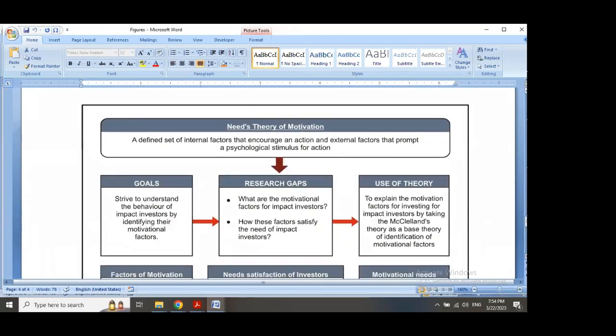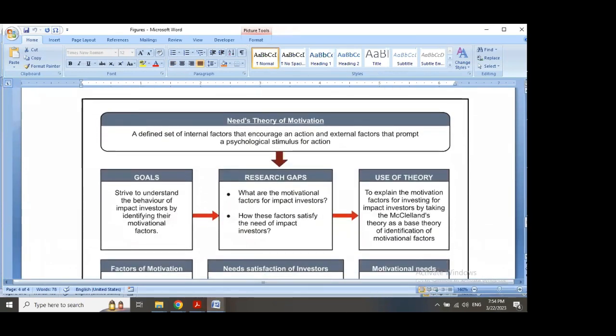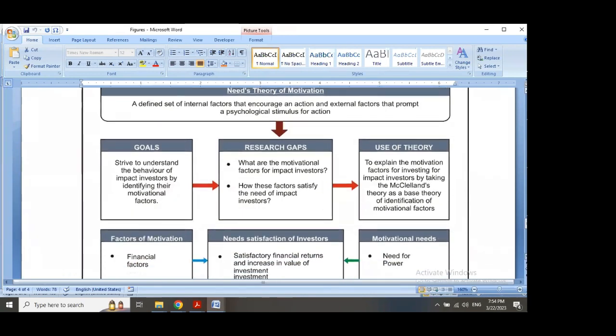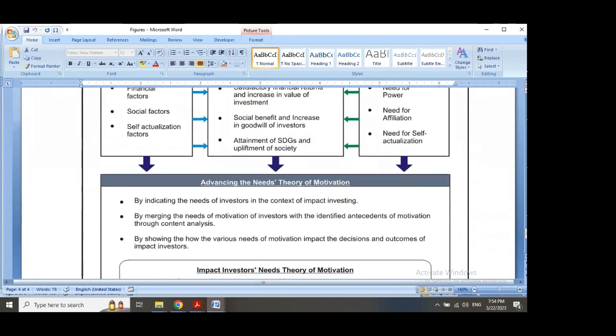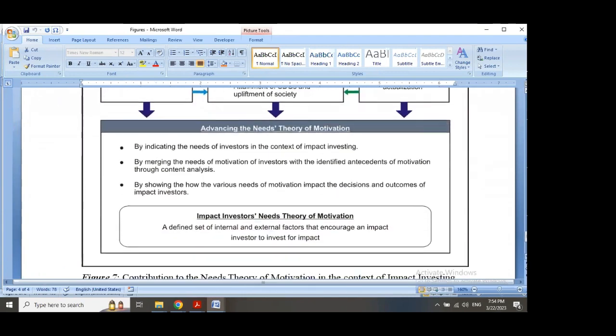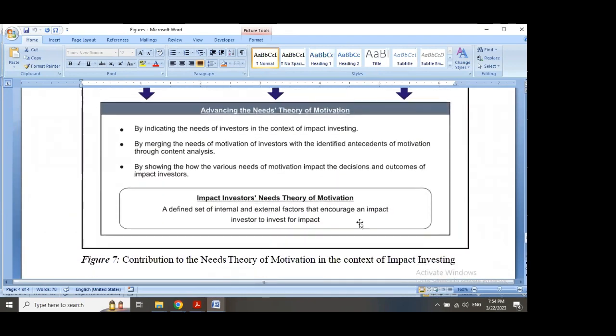Look at this, so these are the theoretical implications. Need for theory, one more theory that we have used. Look at this, a defined impact investor need theory of motivation.